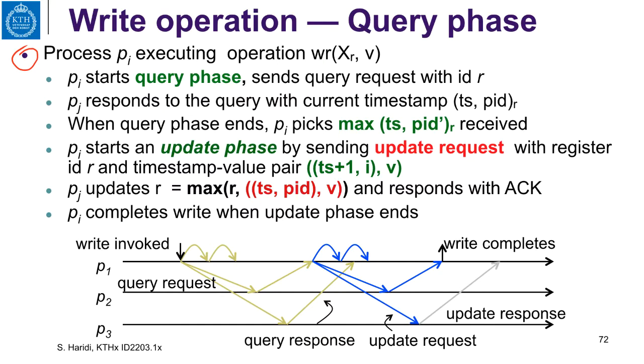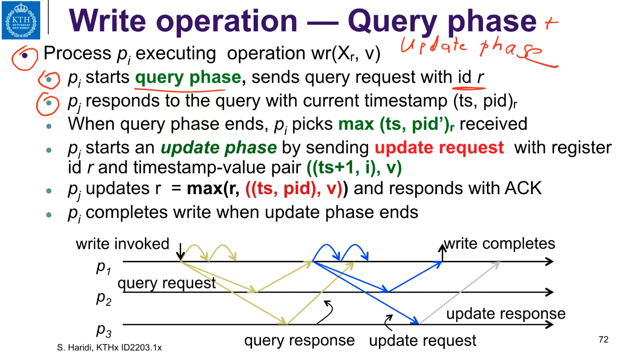The write operation now has both a query phase and an update phase. So Pi starts with the query phase and sends a query request with the register identifier r.